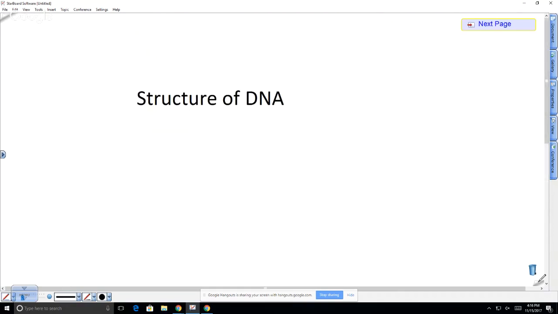Okay, so let's look at the DNA itself. The DNA is composed of nucleotides. And the nucleotides have a sugar. They have a phosphate group. And they have a nitrogenous base.